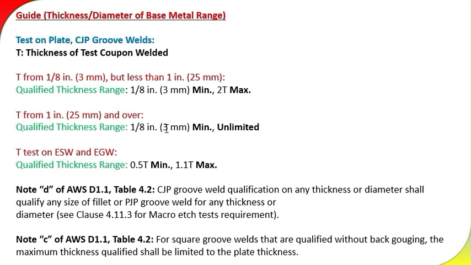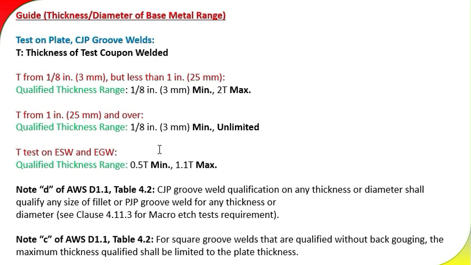If T is 25 mm and over, then the qualified thickness range is 3 mm to unlimited. And if T is tested for ESW and EGW, then the qualified thickness range is 0.5T minimum and 1.1T maximum. This is the qualification range for T for CJP groove weld.